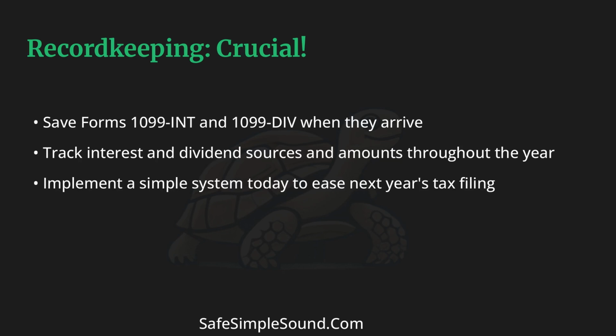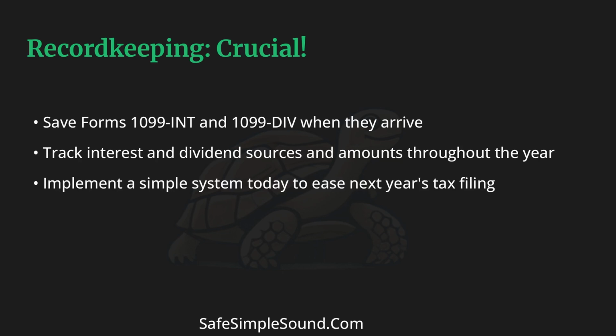This means, at a minimum, saving those Forms 1099 INT and, absolutely, your Form 1099 DIV when they arrive. But ideally, it also means having a simple system to track all your interest and dividend sources and the amounts you receive throughout the year. Maybe, when you get a bank or brokerage statement, you quickly jot down the interest or dividend amount.